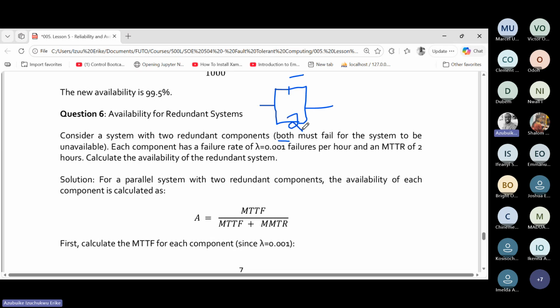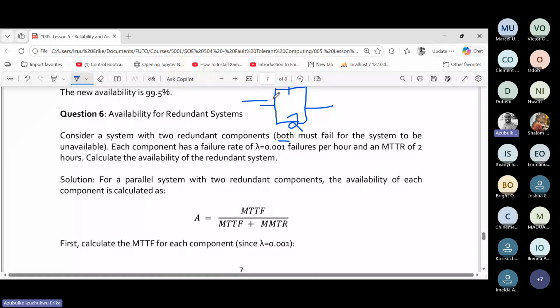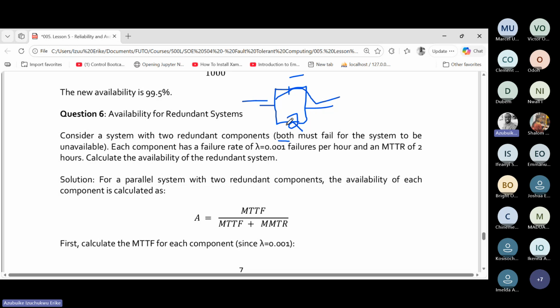As the input comes, if 1 is available, it will follow this side and go outside. If this one is unavailable, this one will go. So it says both must fail, that means for this system not to work, the 2 have to be unavailable.